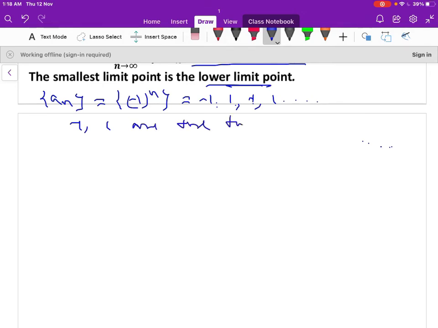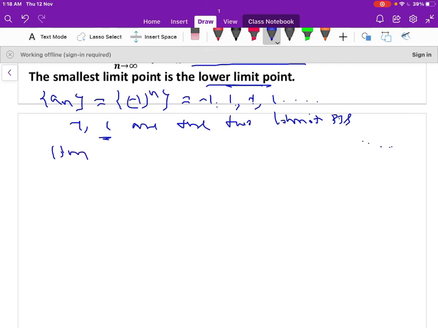For minus 1 there exists an open interval that contains infinitely many terms of the sequence a_n, and similarly for 1 also there exists an open interval that contains infinitely many terms of the sequence. Therefore minus 1 and plus 1 are the two limit points of the sequence.